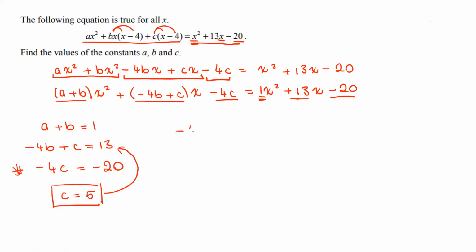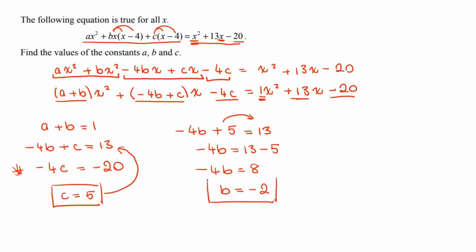So I'll get minus 4b plus c, but we just found out that c was 5, so we'll have minus 4b plus 5 is equal to 13. And to get b on one side by itself, I'm going to bring over the 5, so it becomes a minus 5. And 13 minus 5, that's going to give us 8. And dividing both sides by minus 4, we're going to get b is equal to minus 2. So that's our second one.